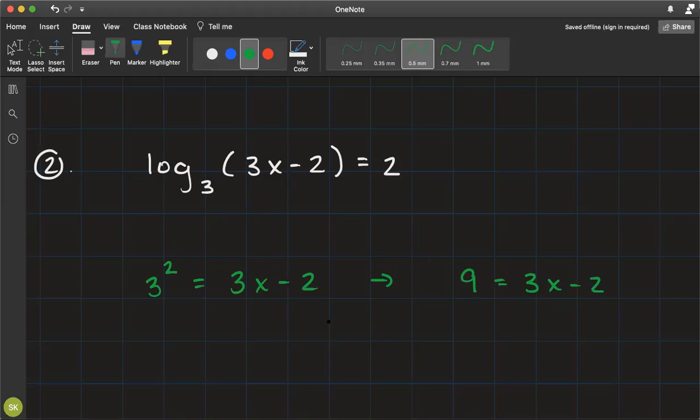Move the 2 to the other side, I get 11 is equal to 3x. So x is equal to 11 over 3. You can double check this if you want by plugging it into here. So if you put 11 over 3 into here, you'll get 3 times that's 11 minus 2, that'll be 9, and 3 squared is 9.